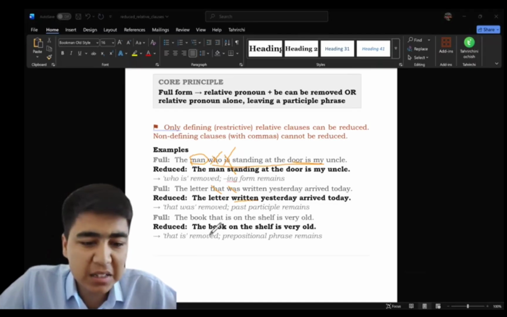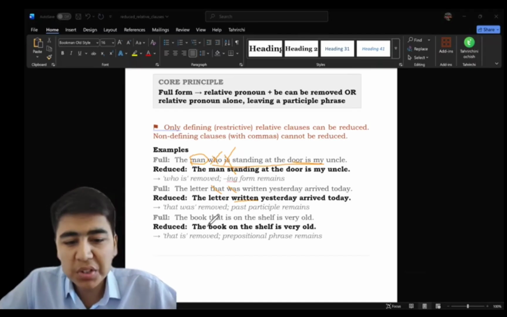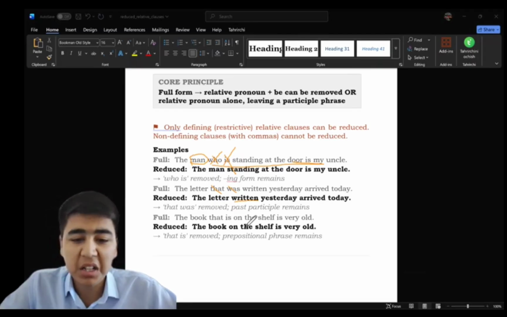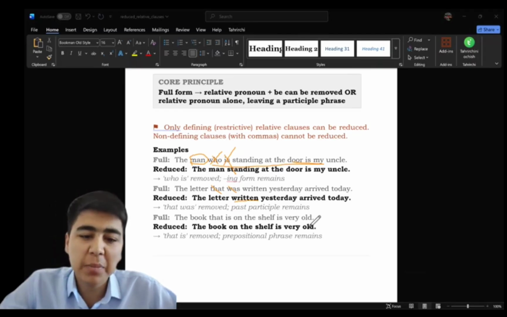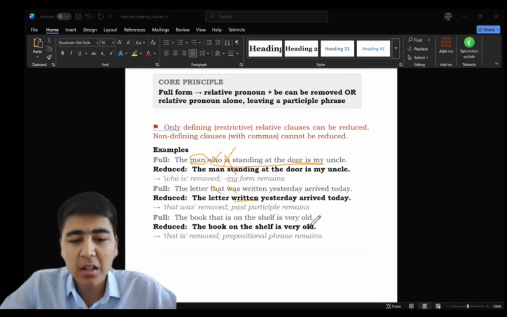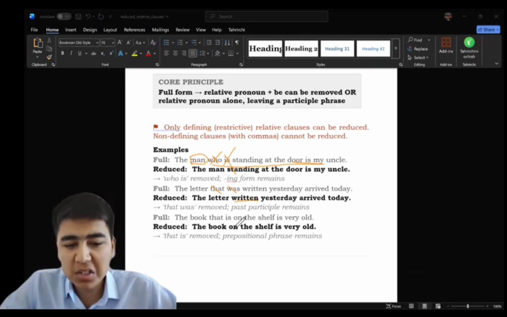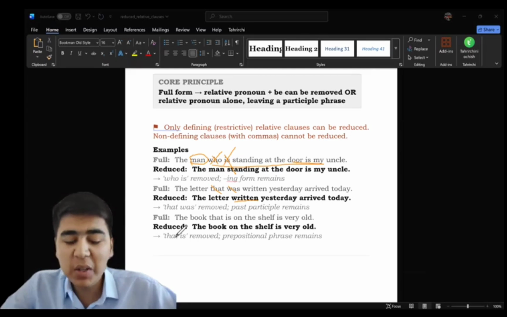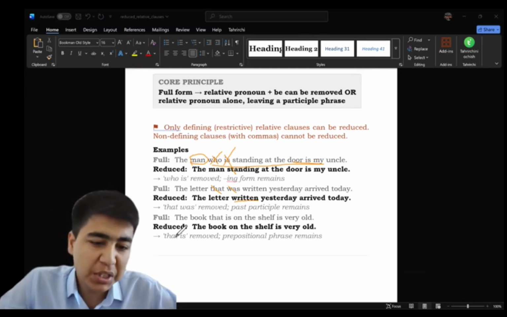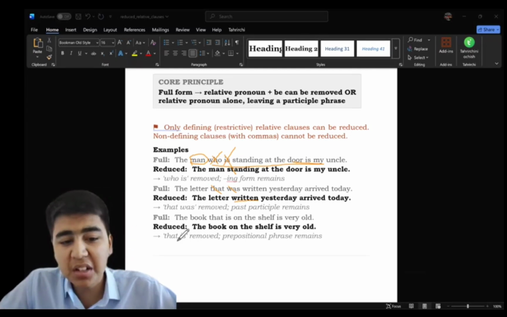And the next example, the book that is on the shelf is very old. So it's about the book and it is really old and it is on the shelf. But instead of saying the whole sentence, we can make it shorter by using relative clauses. And we can make it even more advanced by using reduced clauses.